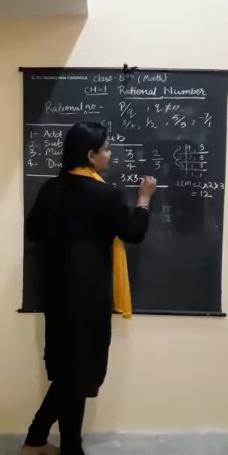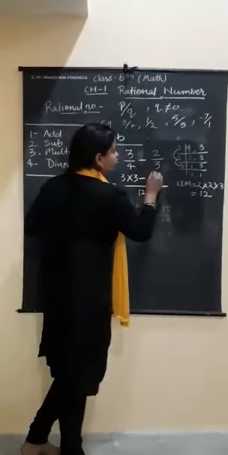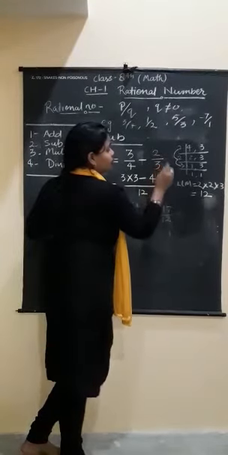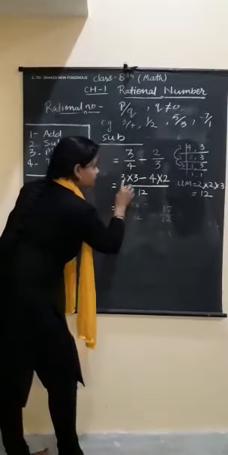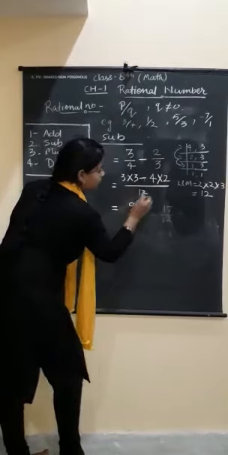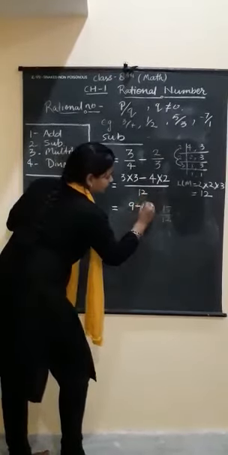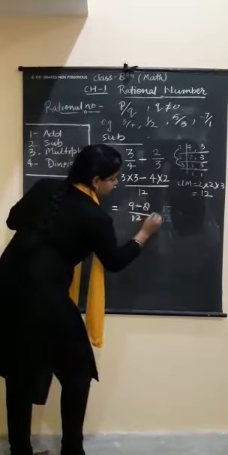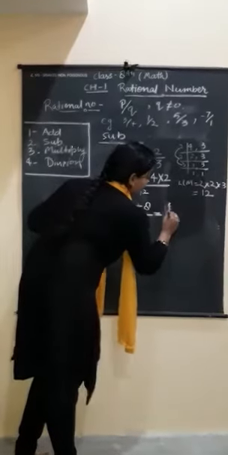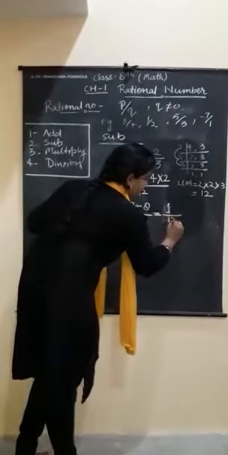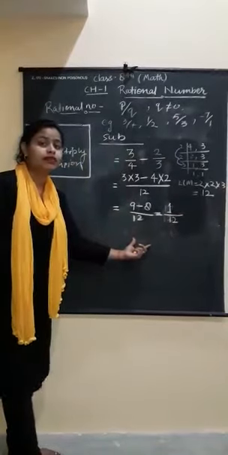Then, note down as it is, 12 divided by 3 gives 4 multiplied by 2. Next step: 3 threes are 9 minus 4 twos are 8. 9 minus 8 gives 1 by 12. So that is the subtraction of rational numbers.